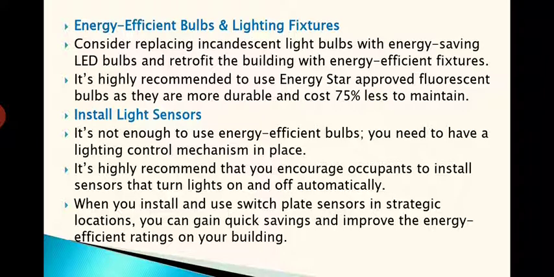Second thing is energy efficient bulbs and lighting fixtures. Of course the bulbs, lights, fans, everything consumes a lot of energy in a particular building like homes, offices, etc. As an engineer, you can read from its rating itself how much energy it is consuming.